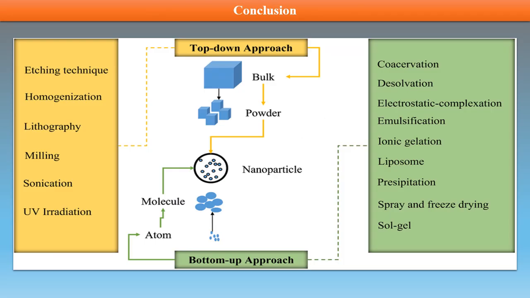In conclusion, the bottom-up approach allows for greater control over nanomaterial properties and can potentially lead to unique properties not found in their bulk counterparts. However, it can be more challenging to scale up these processes for mass production compared to the top-down approaches.